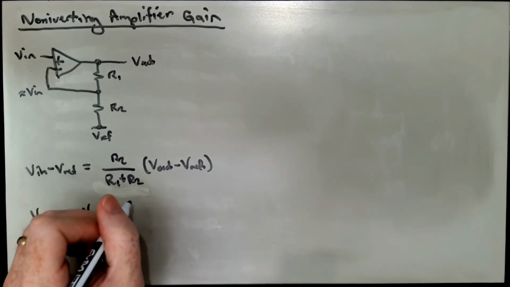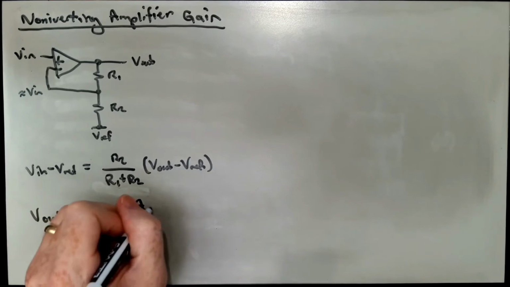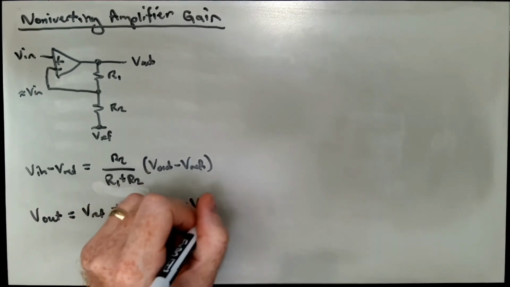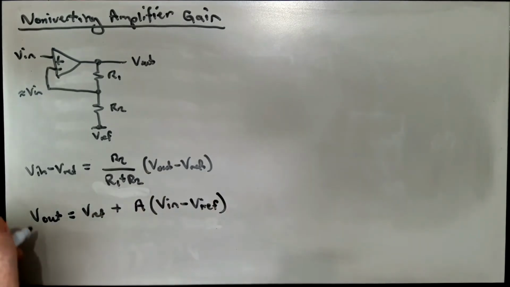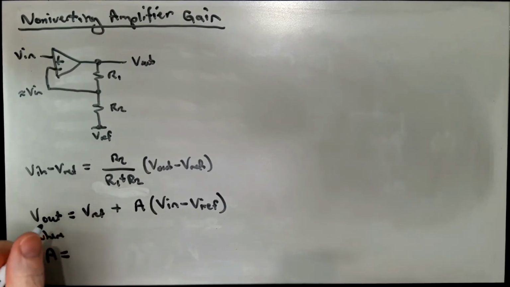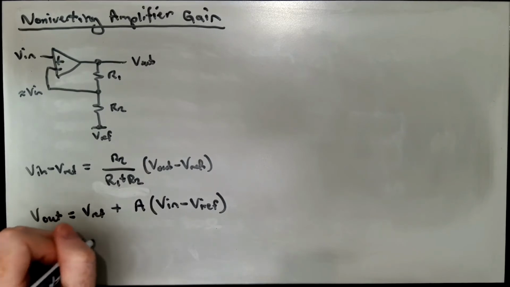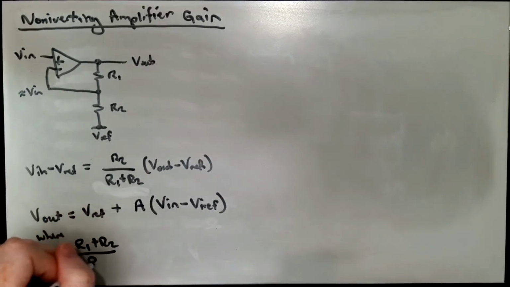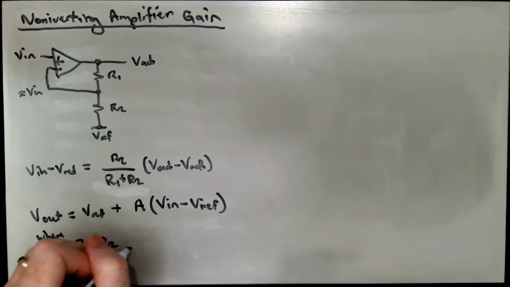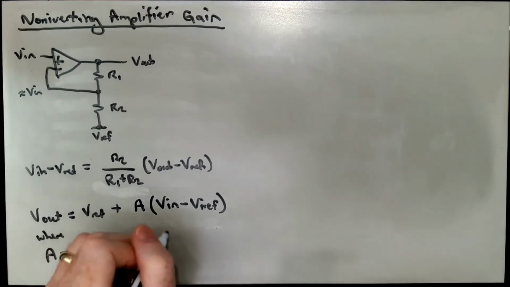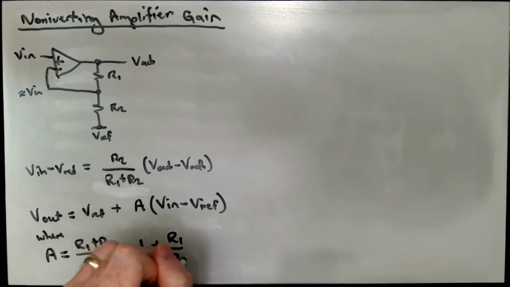This will be plus A times V in minus V ref, where A is the gain, and that's equal to the reciprocal of our voltage divider ratio, R1 plus R2 divided by R2. Sometimes you see this written as 1, plus the ratio R1 to R2.